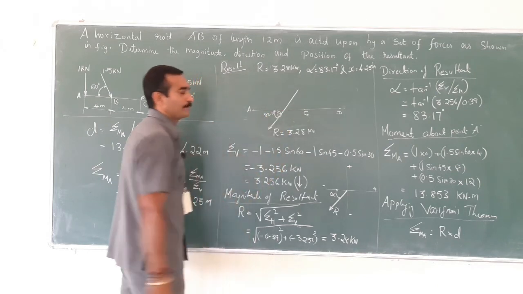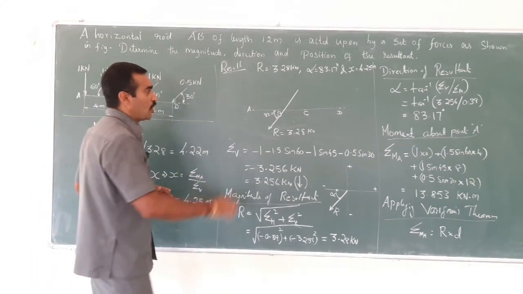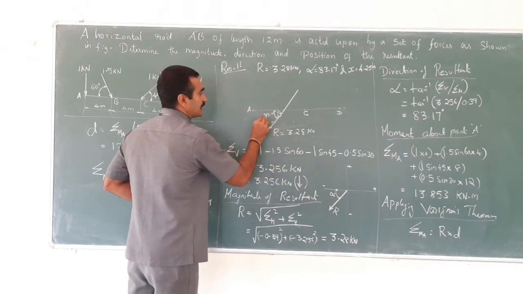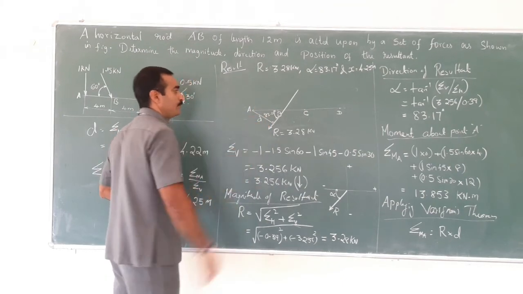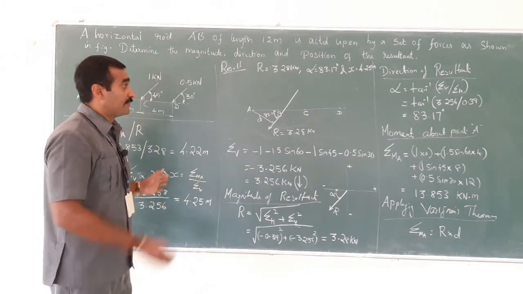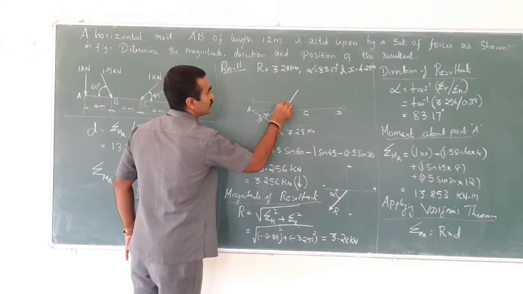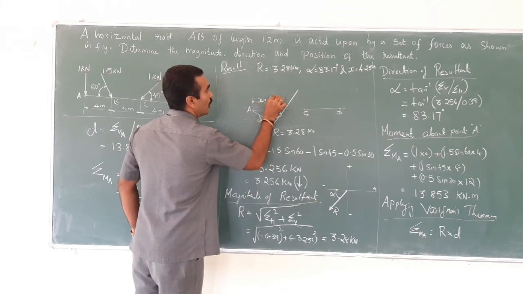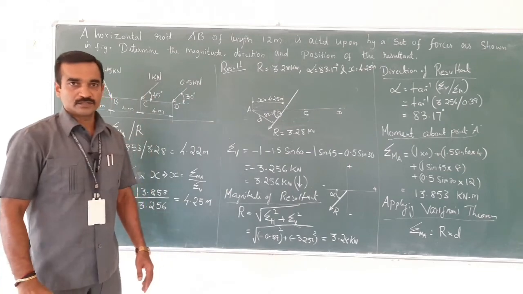Its perpendicular distance from the origin is D. This is perpendicular, this is D. And what about x, which is nothing but the horizontal distance? This is x. X is equal to 4.25 meter. Got it?